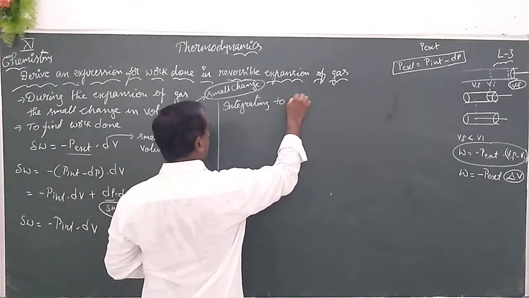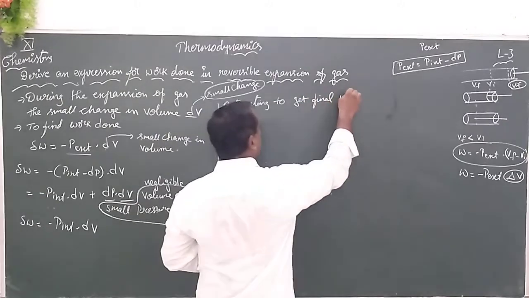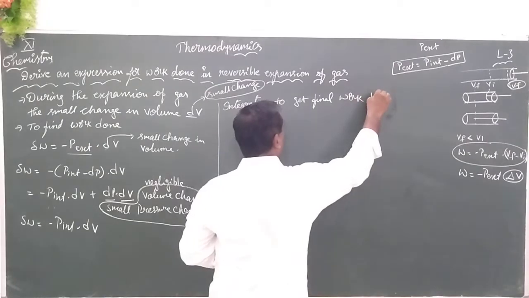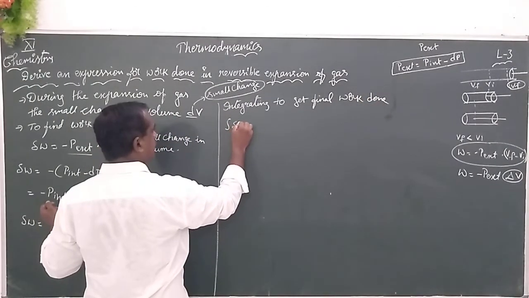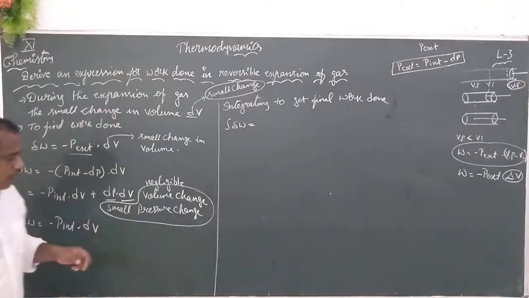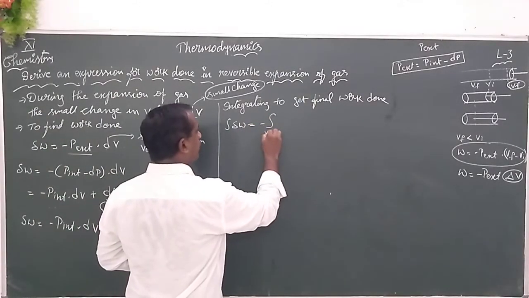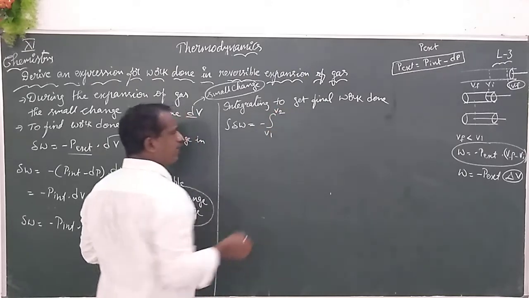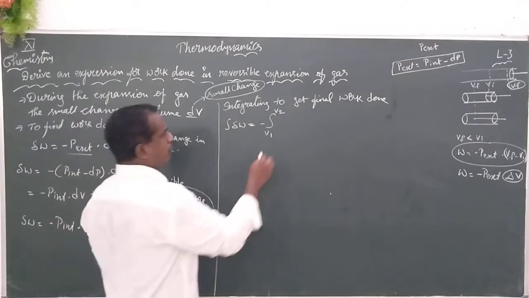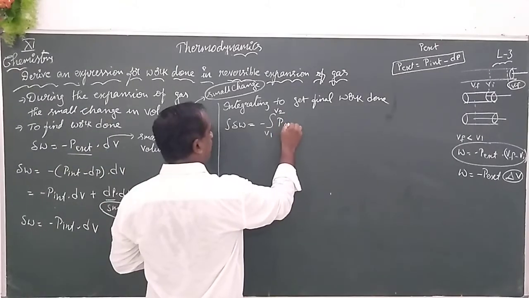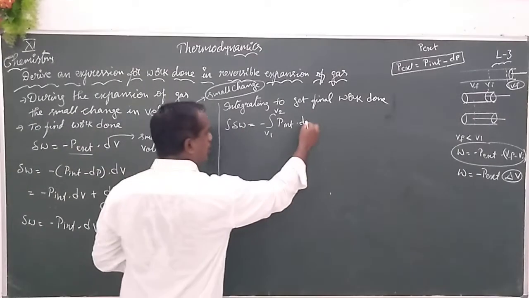Integrating to get the final work done: the integration of the small change in work done is equal to minus the integration from V1 to V2, where the limits are from initial volume to final volume, of P internal, the pressure, into dV, the small change in the volume.